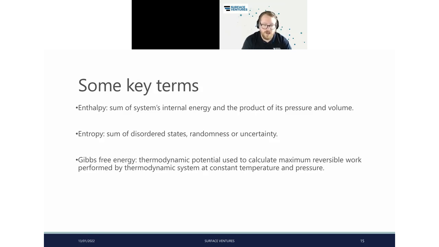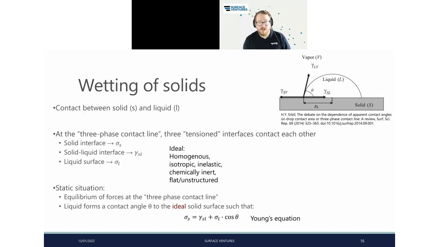And then Gibbs free energy is the thermodynamic potential used to calculate maximum reversible work performed by the thermodynamic system at constant temperature and pressure. So with that, we can think of that in terms of the work used to minimize the surface area, or the work that can be put in to increase that surface area again. It's reversible.